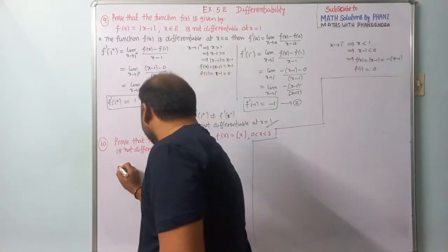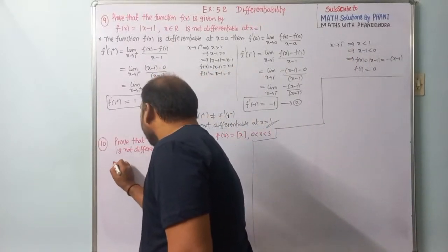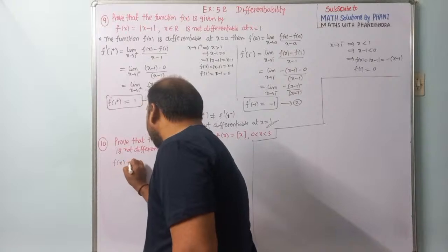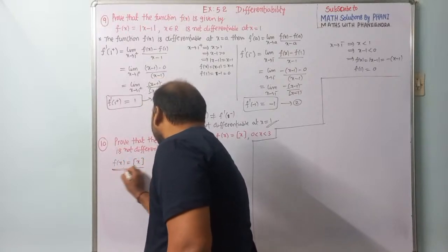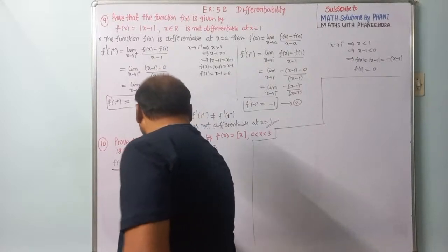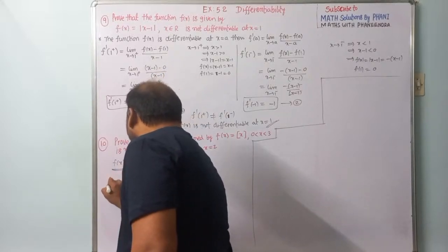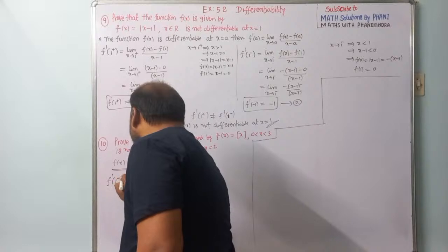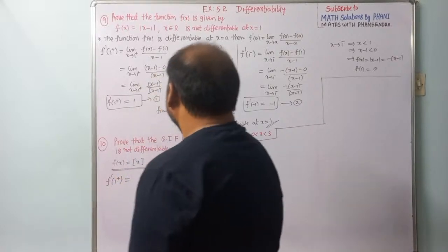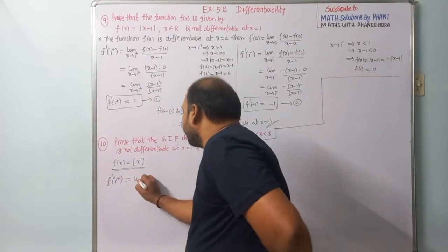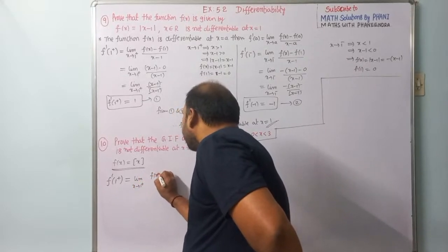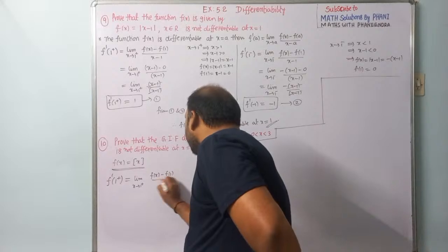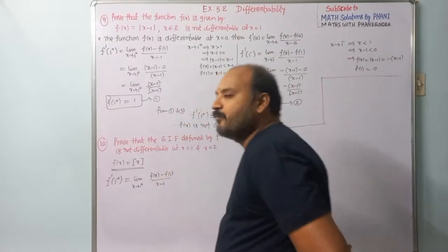Now, checking the differentiability. First, f of x is equal to step x. f dash of 1 plus is limit x tends to 1 plus, f of x minus f of 1 divided by x minus 1.